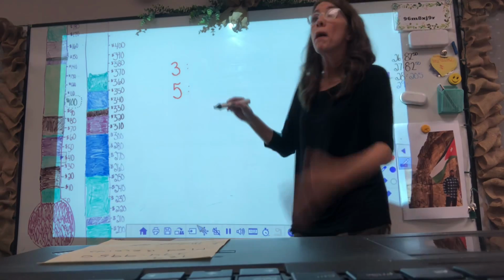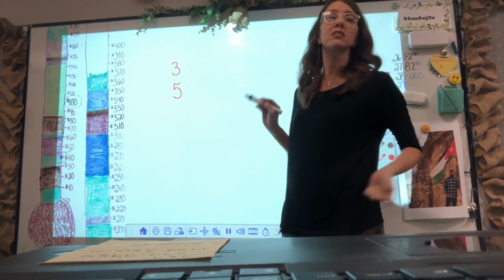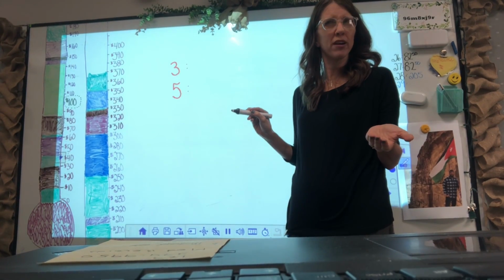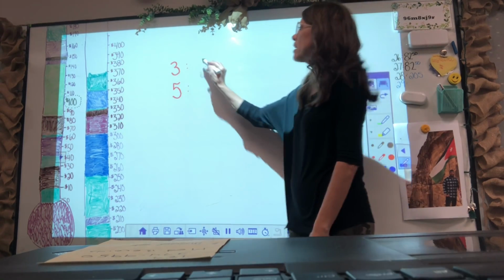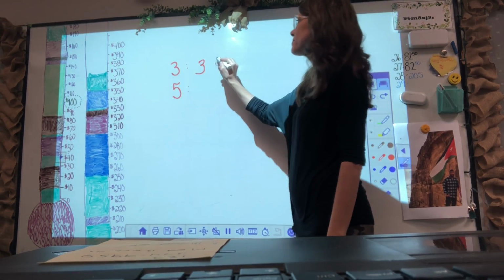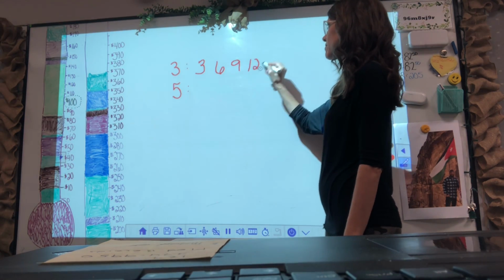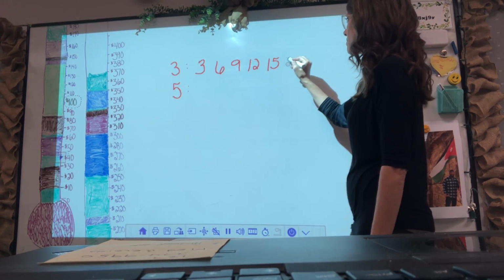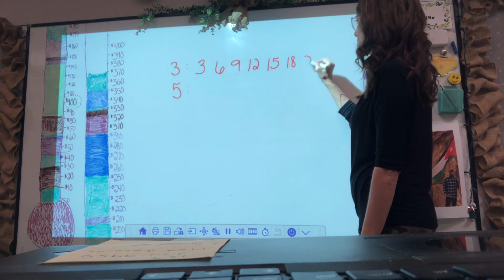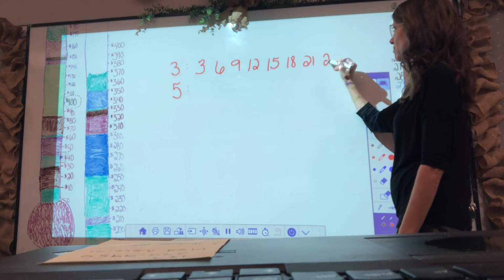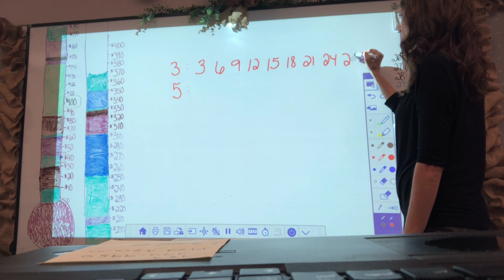So let's look here. Multiples. Let's just do a chunk and see if we can get to the first 4. Want us to find the first 4. Okay, so here we go. We got 3: 6, 9, 12, 15, 18, 21, 24, 27.